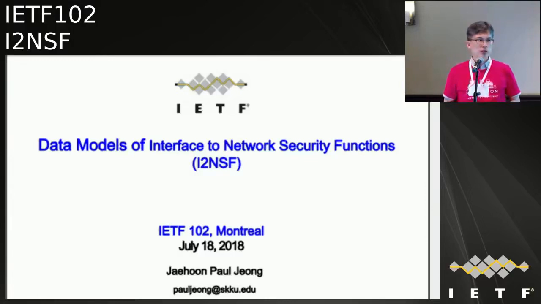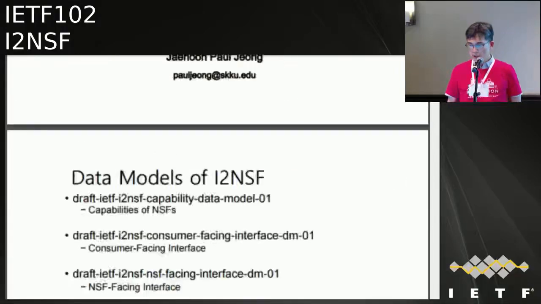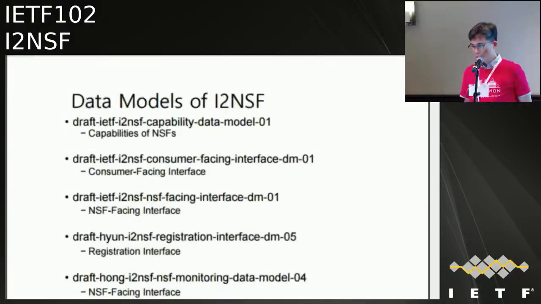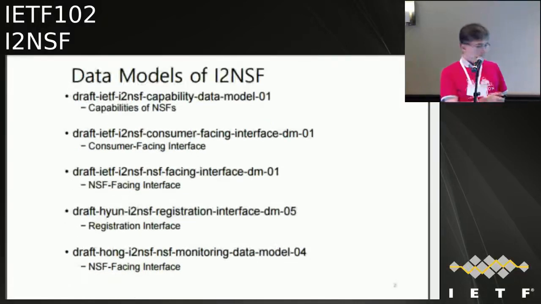So my team tried to finalize. Let me go quickly because we don't have time, so scroll down. You can see the data model for our working group's capability. This is the base Yang model. Based on that, we made the consumer-facing and NSF-facing interfaces, registration, and also monitoring. Frank is also working on the information model. This is very important for monitoring the NSF.